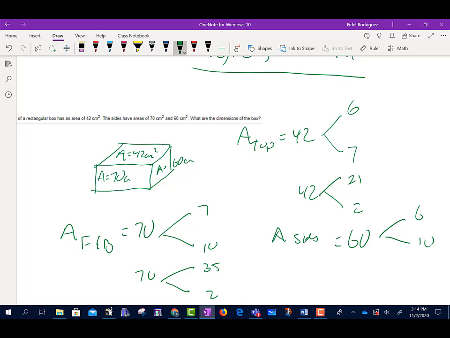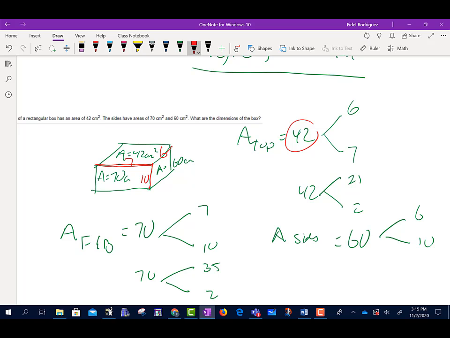So what I want to start doing is trying to figure out, okay, which ones have some common numbers here? Well, if I said the area of the top, since we knew it was 42, if we said this piece here was 7, and this piece here was 6, that would give me 42. And if this piece here was 7 and this piece here was 10, that would give me 70.